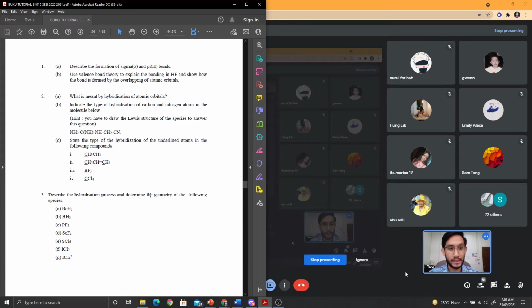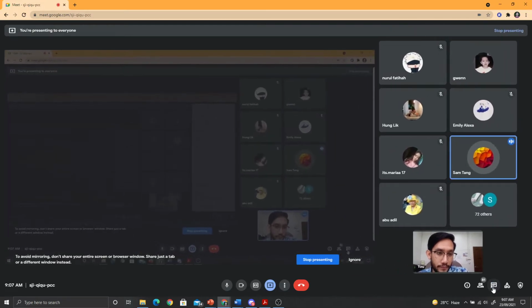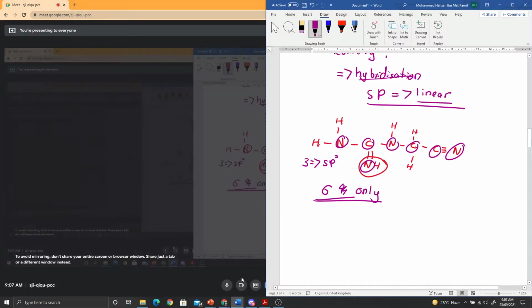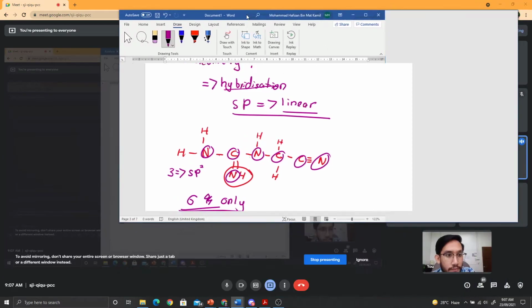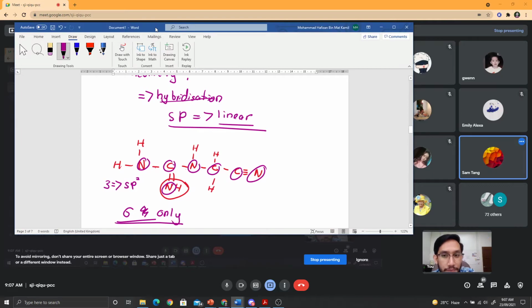But sir, if for example like nitrogen, dia ada 5 valence electron kan? Betul. And in the s orbital there are 2, there are a pair of electrons already. So yang tu kami indicate as lone pair kan? Yes.